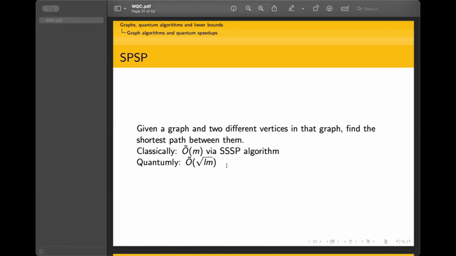the SSSP algorithm, because quantumly you could also apply quantum Dijkstra, which would be square root of n times m, and you could also solve your single pair shortest path. But this square root of L times m is slightly faster, especially when L is constant or polylog.